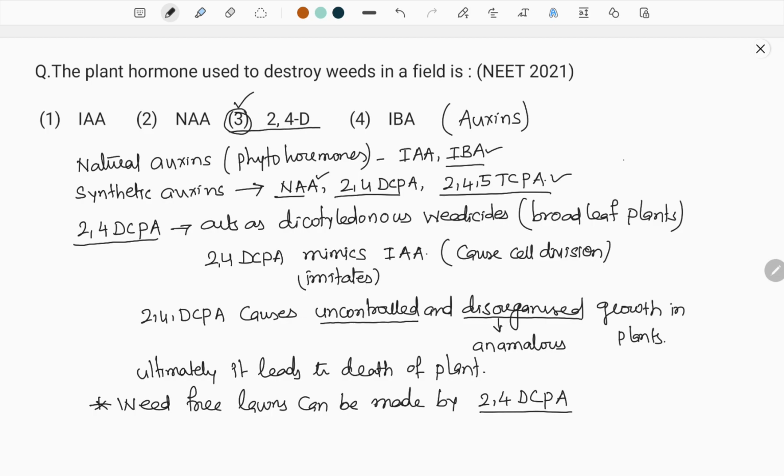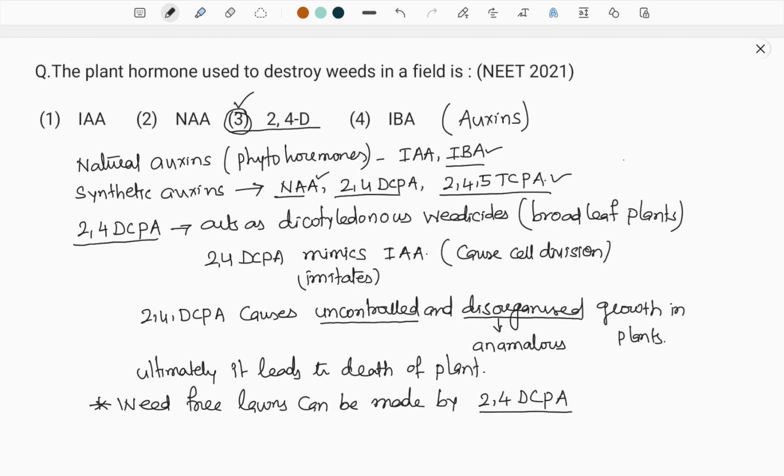One should know all the functions of auxins, gibberellins, cytokinins, abscisic acid and ethylene. There are similar functions and opposite functions, which we call individualistic, synergistic, complementary and antagonistic. Antagonistic means completely opposite to each other. For example, apical dominance is caused by auxins, and apical dominance can be overcome by cytokinins.